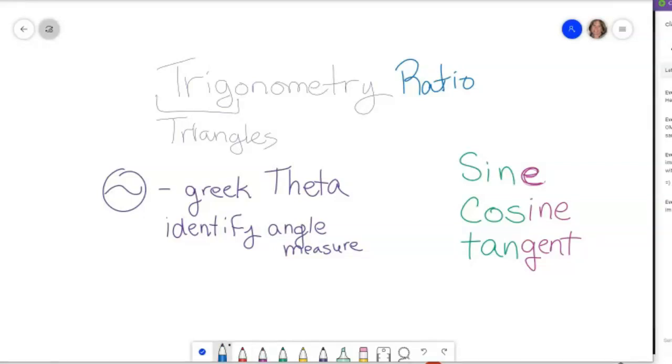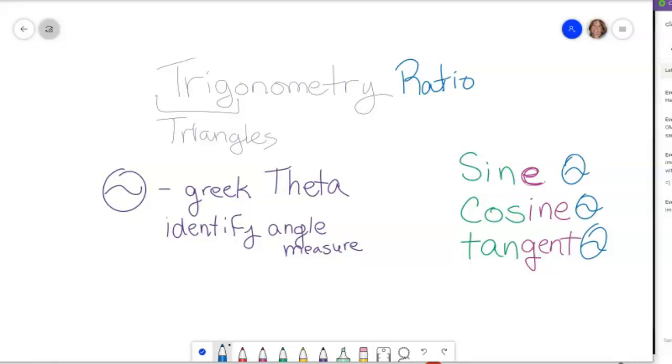When we identify these, we refer to them as the sine of theta, the cosine of theta, the tangent of theta. In other words, my ratio is also going to include my angle measurement. Everything is going to be a ratio based on my measurement.